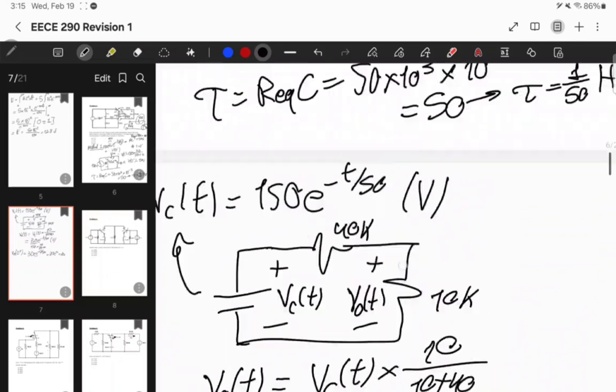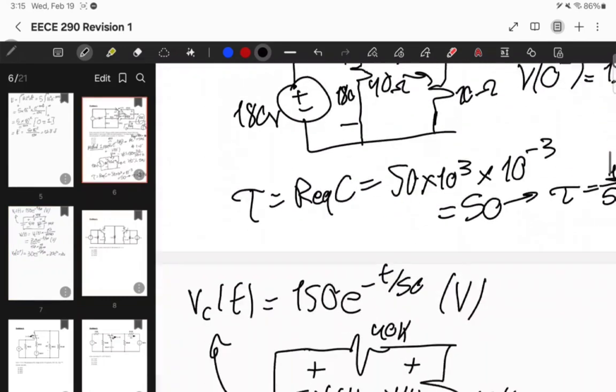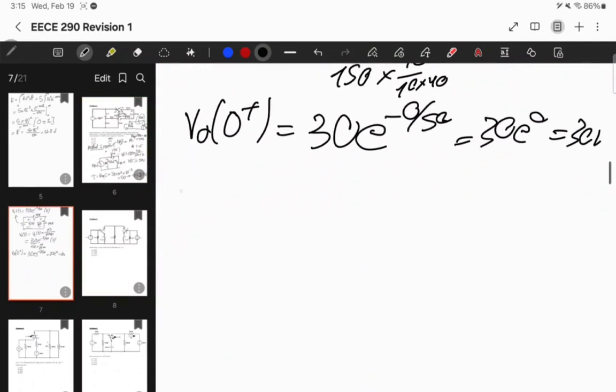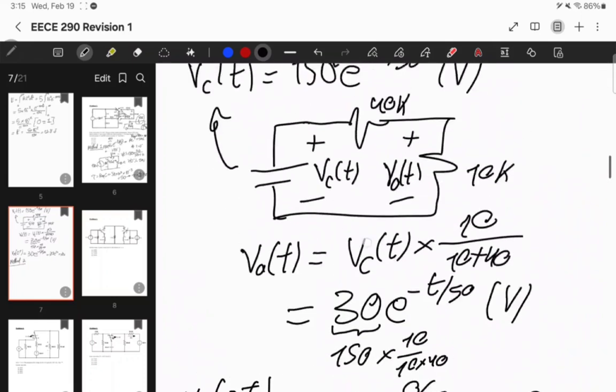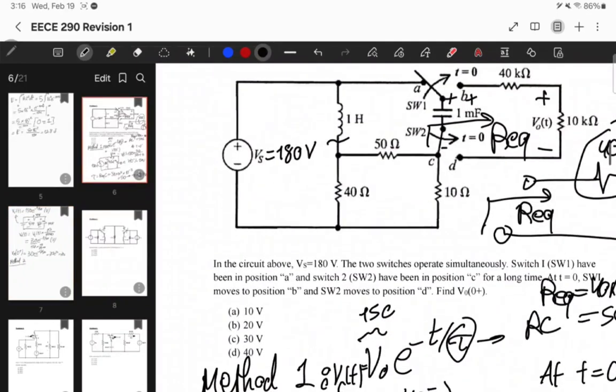Now this is method 1, which involves getting the entirety of the voltage across the capacitor. I have a more direct method, which is method 2, which involves turning the capacitor into a voltage source.